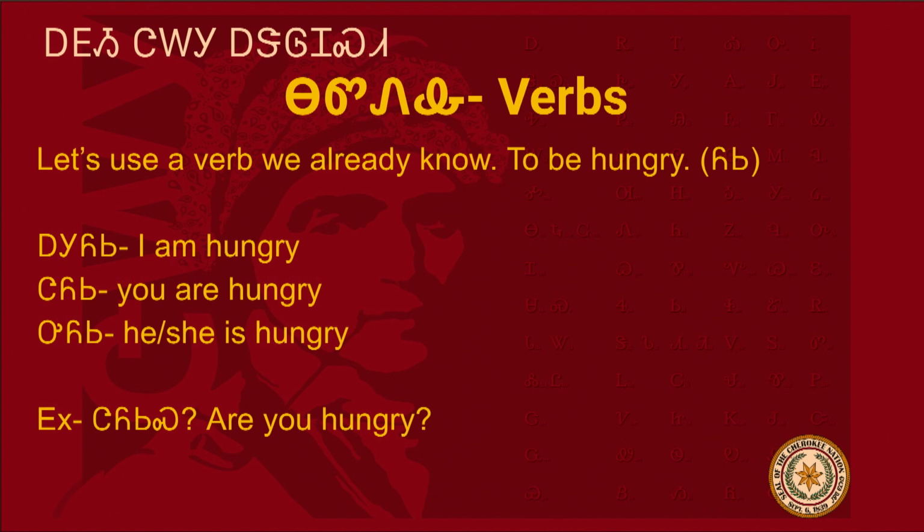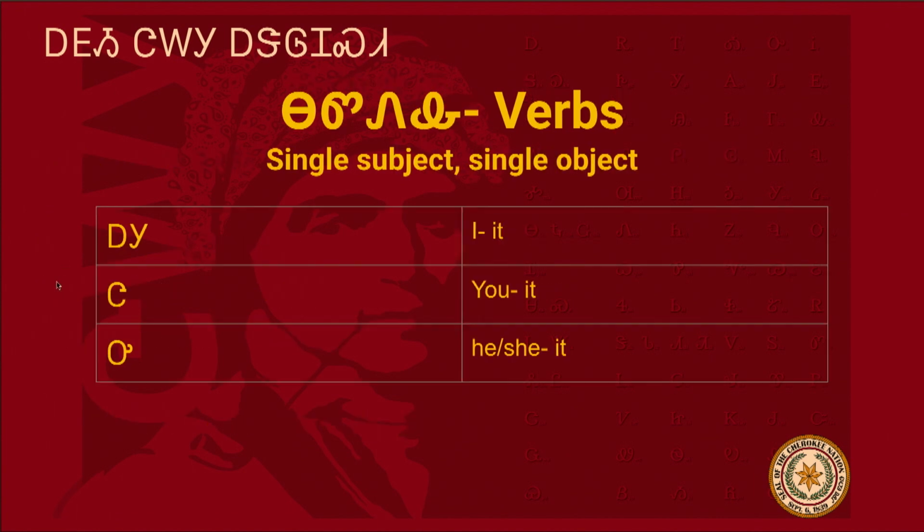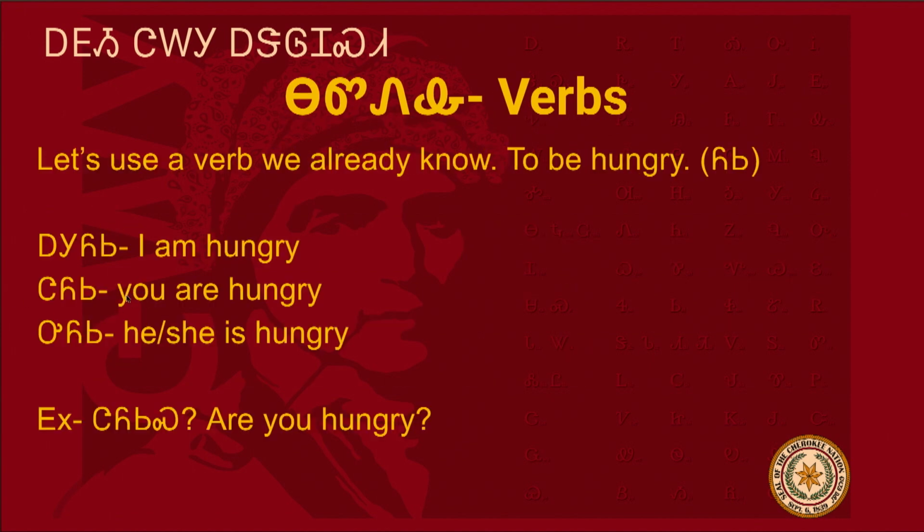Agi yoshi, I'm hungry. Ja yoshi, remember, ja is our prefix, yoshi is our nugget, so ja yoshi, you are hungry, okay? Then the he, she, it prefix is u, so u yoshi, he or she is hungry, okay?